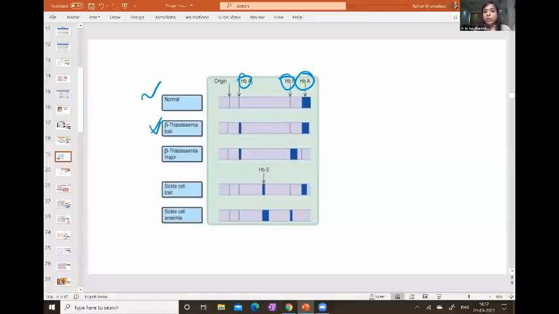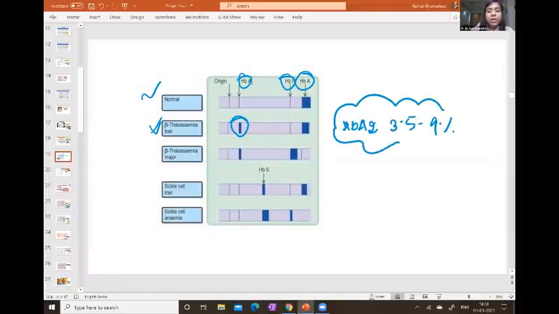HbA2, right? The level of A2 is raised. So you can see a thicker band in the A2 region, right? The HbA2 level is approximately 3.5 to 9% in case of beta thalassemia trait. Please remember, that's a take-home point, right?